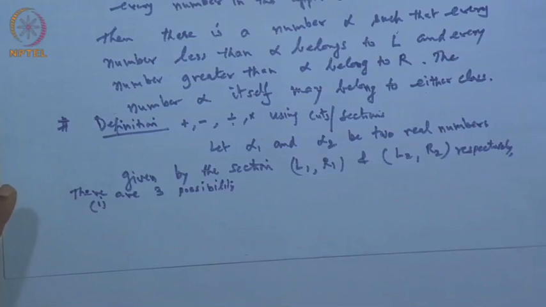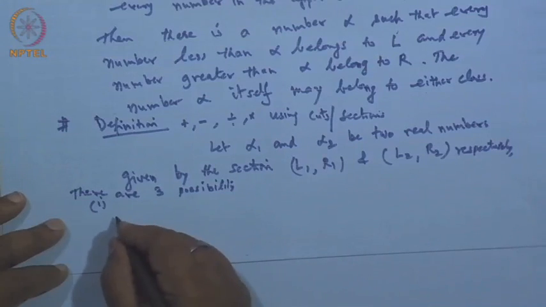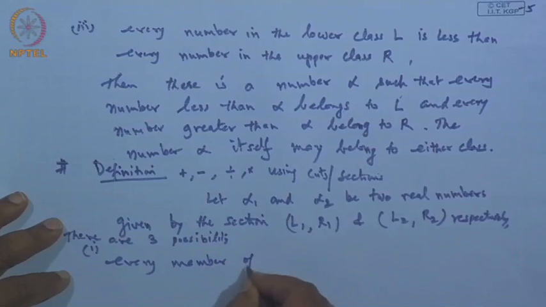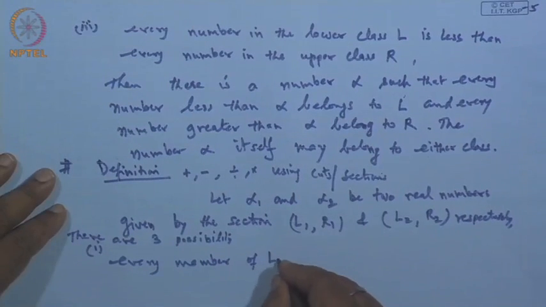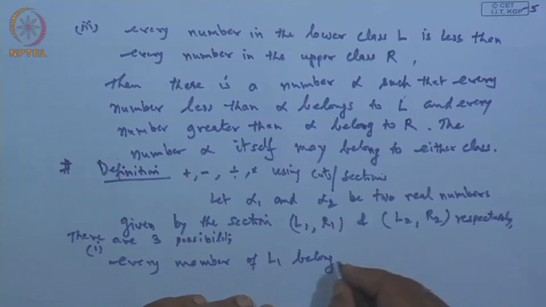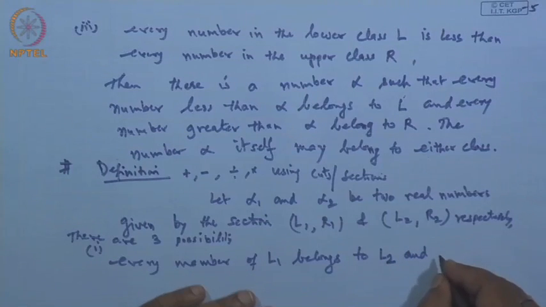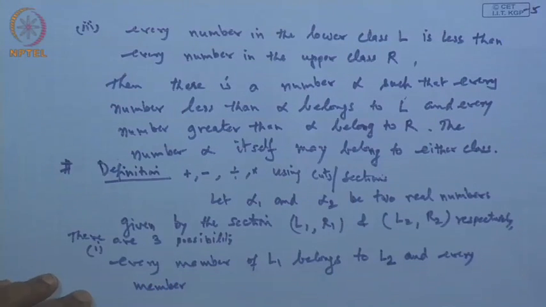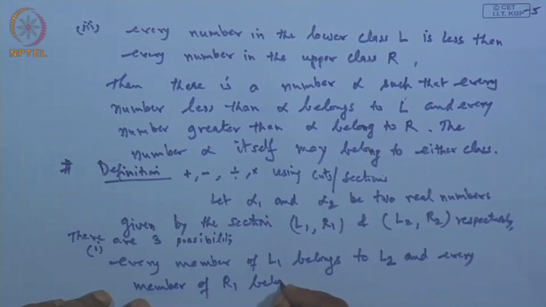Number 1, the first possibility is every member of L1 belongs to L2 and every member of R1 belongs to R2.